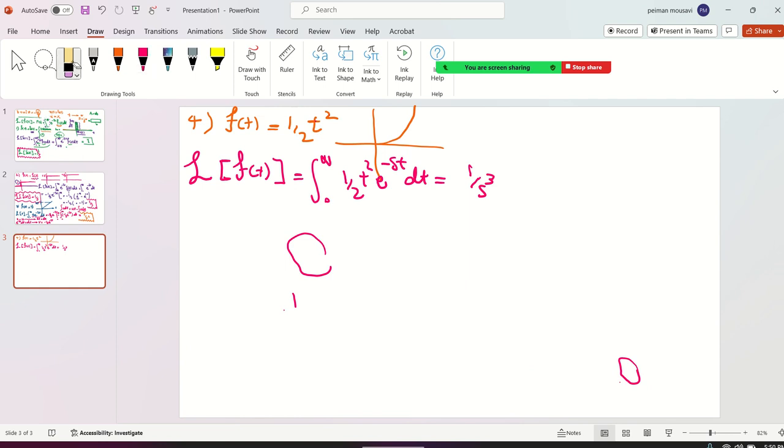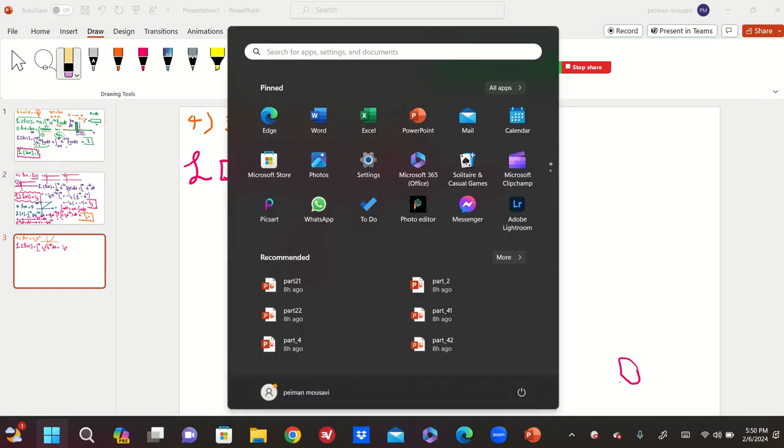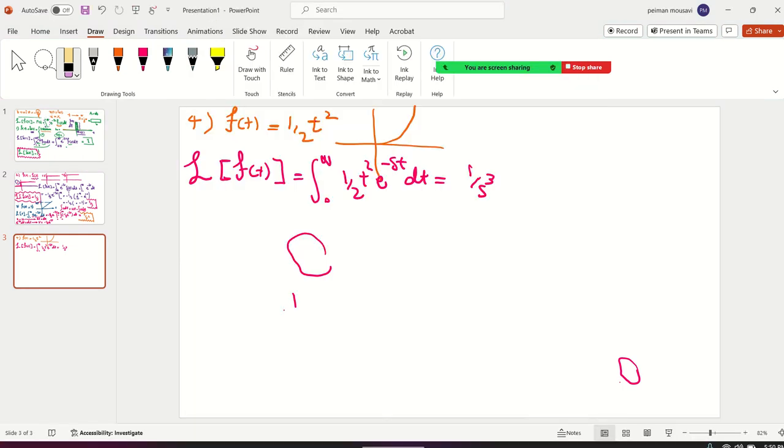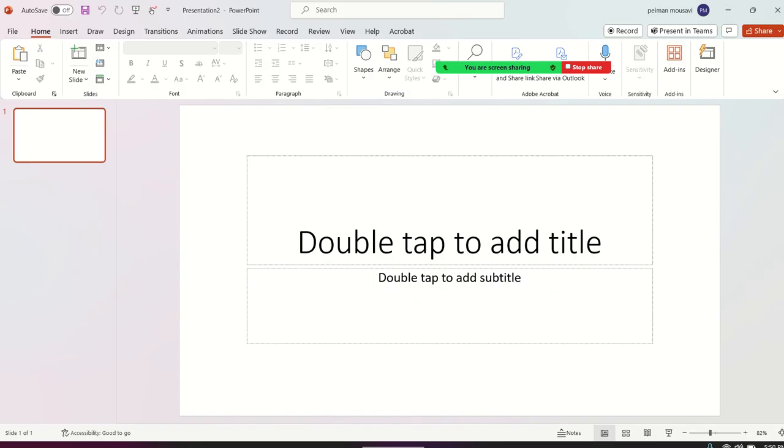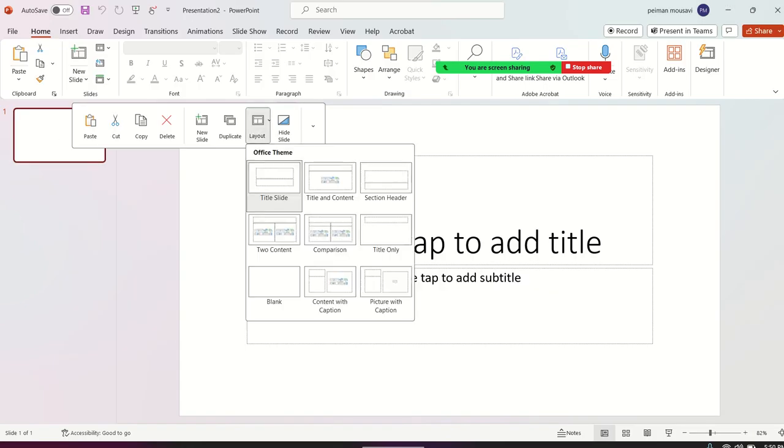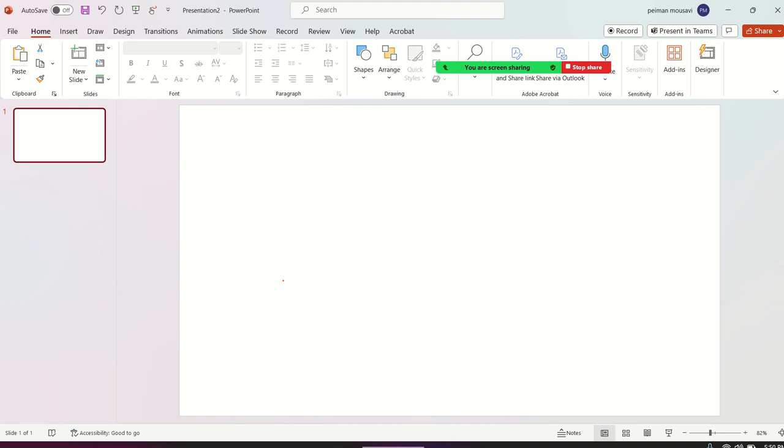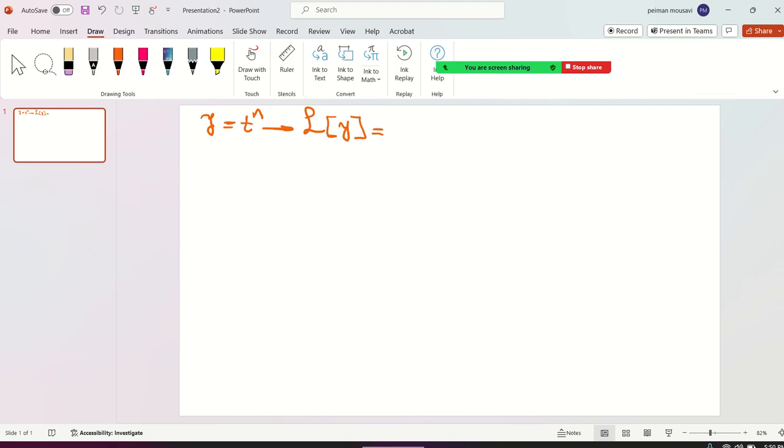So it means you can have a general rule: if the function is t to the power of n, the Laplace of that is n factorial over s to the power of n plus 1. Let us examine this.